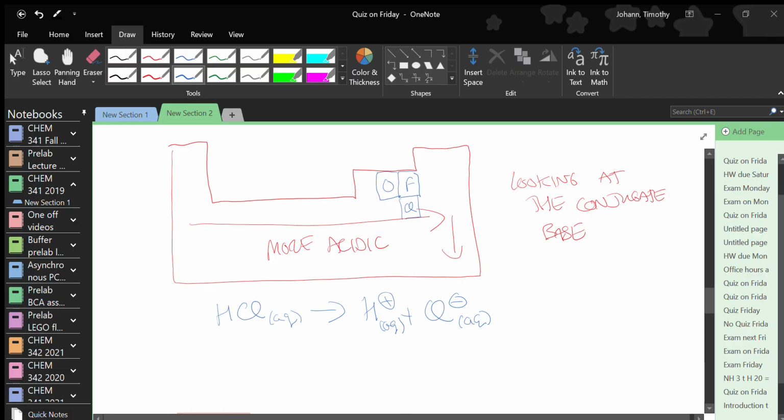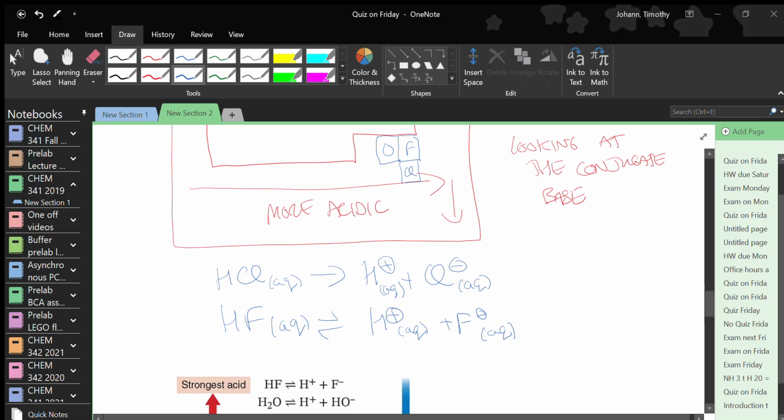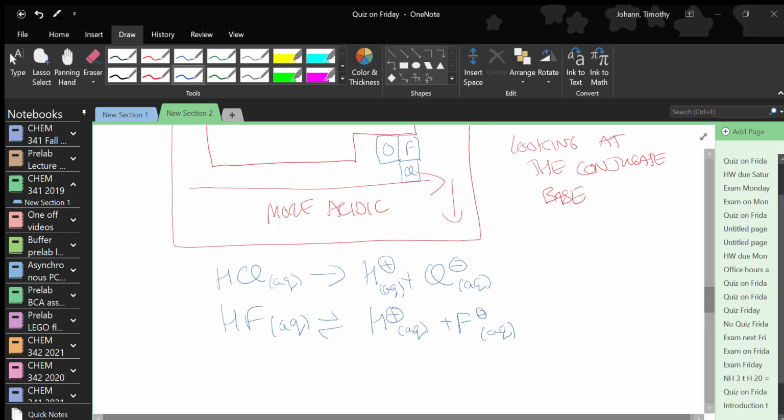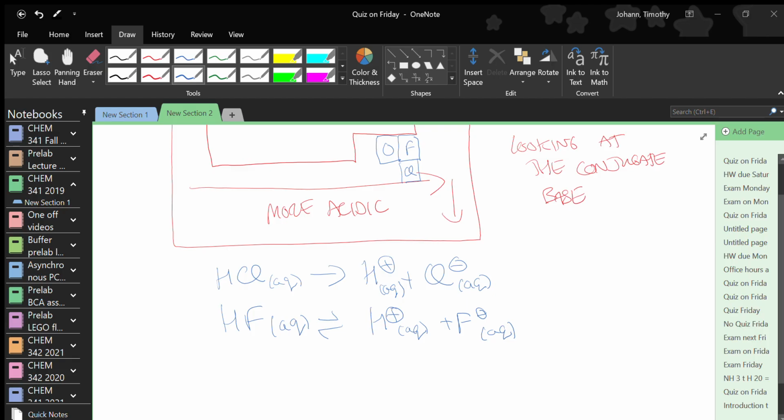Hydrofluoric acid goes to make H plus F minus. I'm not going to make a big deal. I'm trying to get these arrows correct in terms of strong acids and weak acids. I'm not going to make a big deal with how you do your arrows. Spend your brain power elsewhere.